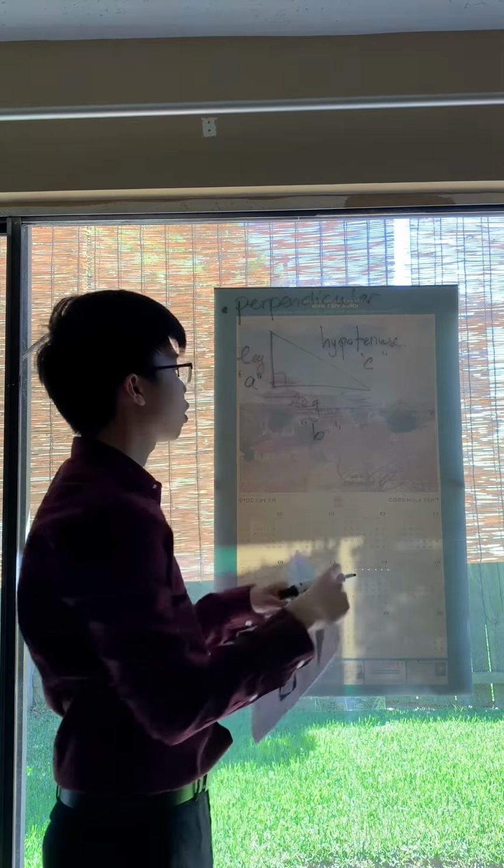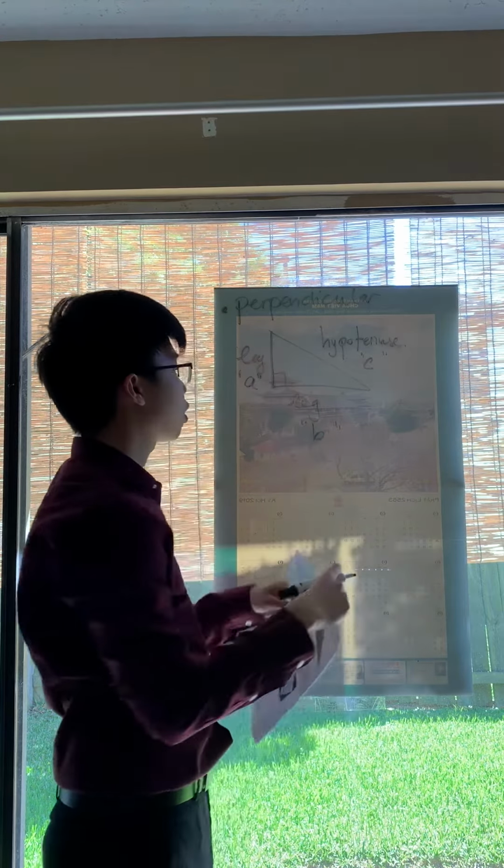If I were to find the area of this square, what would my formula be? Or how would I compute it? Somebody volunteer and tell me. David? Since the side of the square is a plus b, in order to find the area, we just square that, or we take a plus b times a plus b. That's our area for the big square.